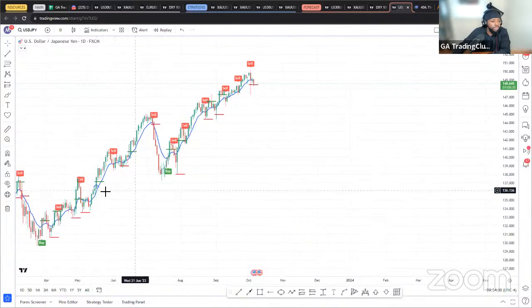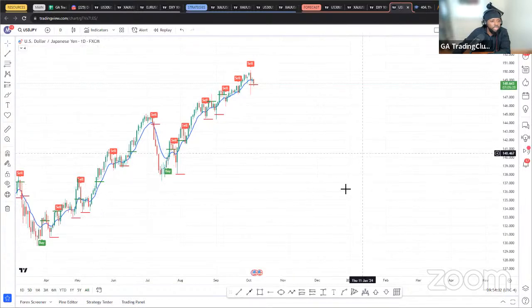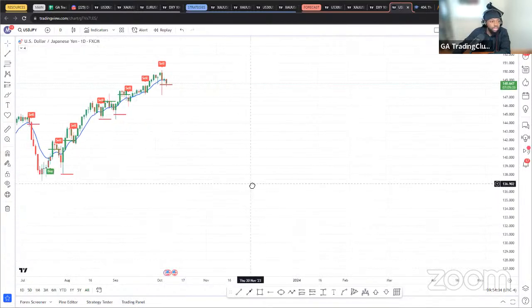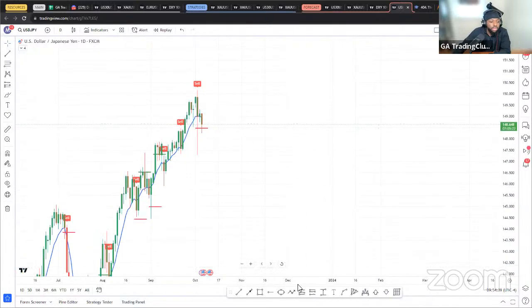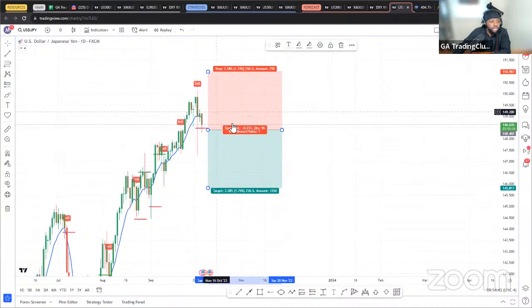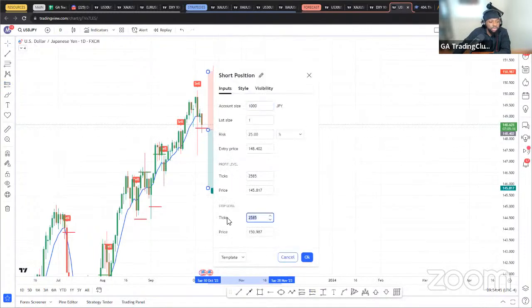This is a possible entry for UJ as well, but only if this daily candle closes below 55.